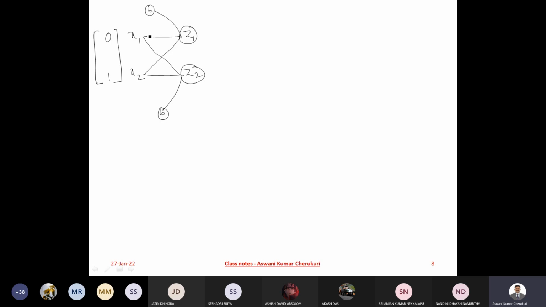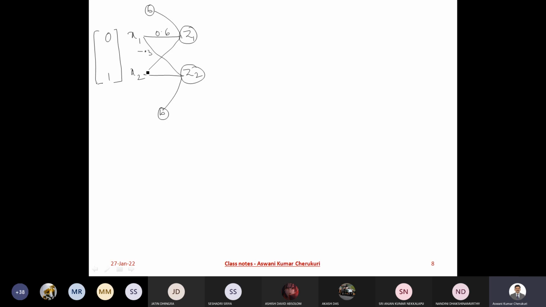The connection weight from X1 to Z1 is 0.6, and from X1 to Z2 is minus 0.3.